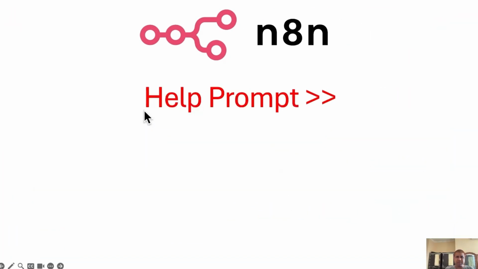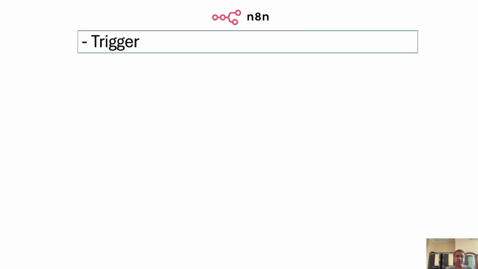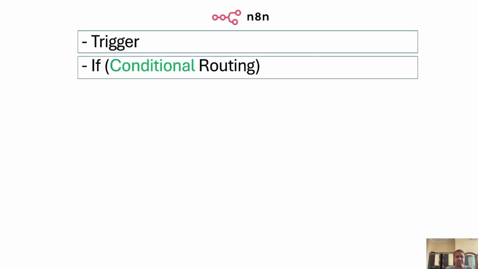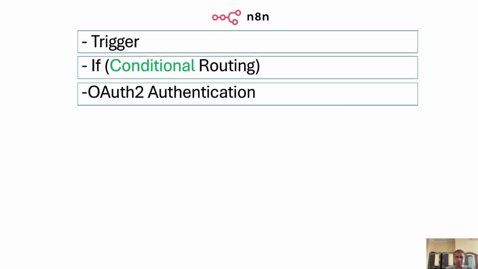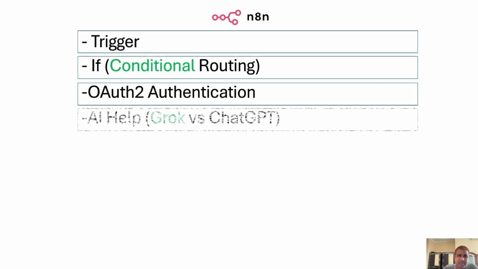Let's go back to our recap. What all things we learned. So we learned what is a trigger. In our case, we scheduled a cron trigger, a scheduler, it can also be manually triggered, and there was a dummy trigger. So that bit is trigger. Something has to trigger so that the workflow executes and runs. And what is conditional routing? We learned that. And what is OAuth2 authentication and how to achieve it for third-party applications like Slack and Google Sheets.